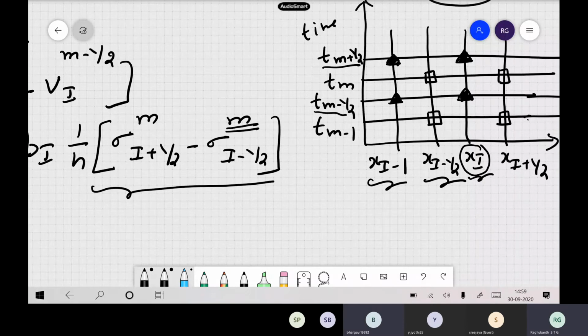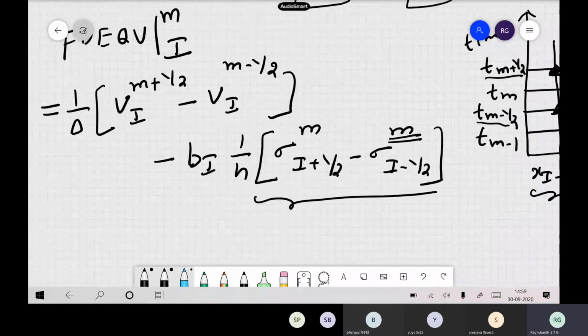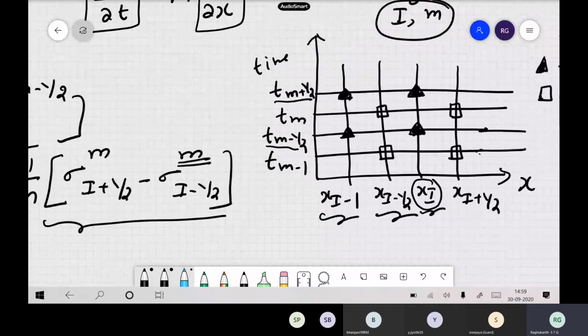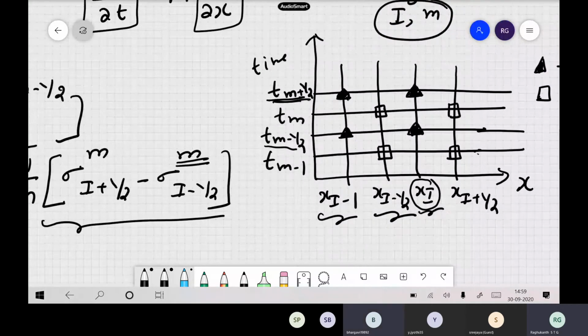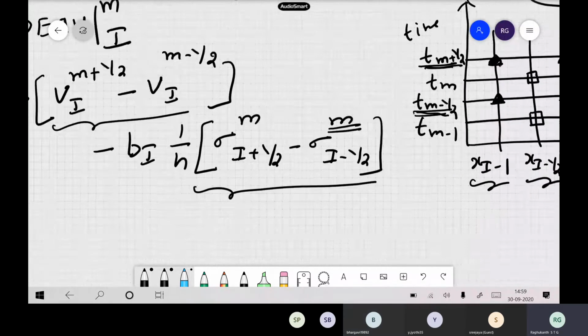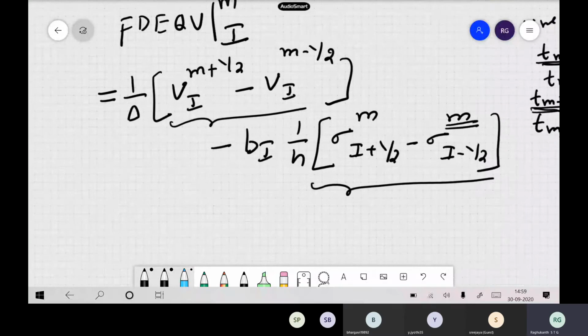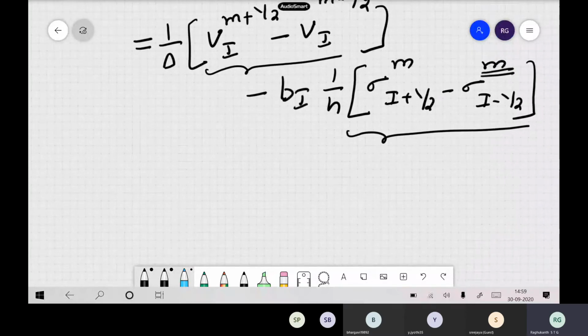M. Yeah, you followed, right? So these are now the first one. What does it tell you? M plus half, m minus half. So m plus half here, at i, m minus and m. M. Okay, so at this point we are trying to find out here. So you are finding at the same point. So you are matching the derivative. So this is the first equation.